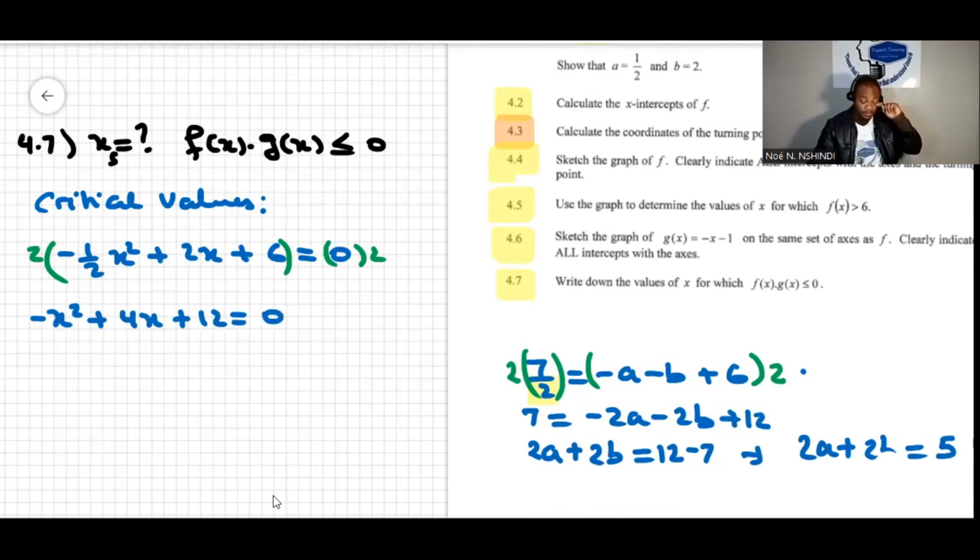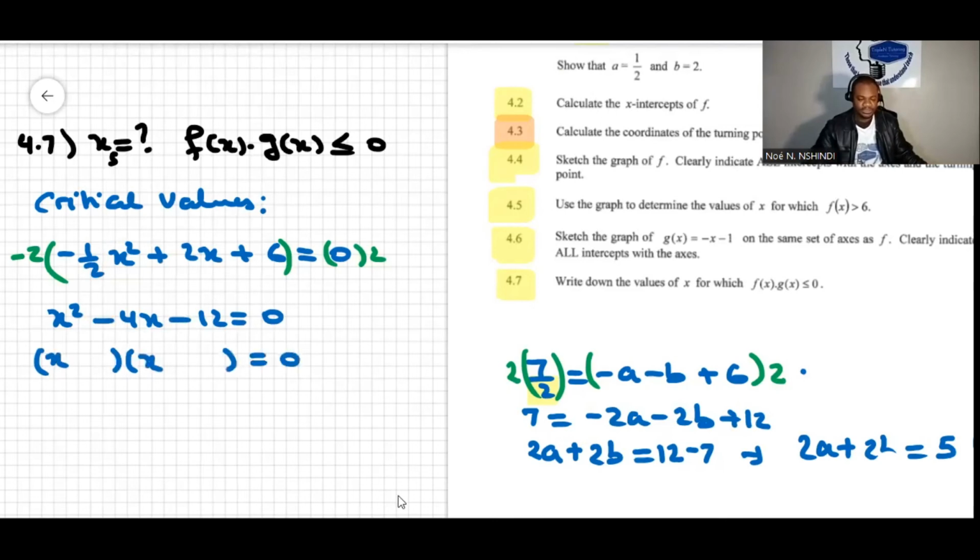Now, instead of multiplying by 2, I prefer to multiply by negative 2, I meant. So this would be x squared minus 4x and then minus 12. Now we can solve this by factorization.